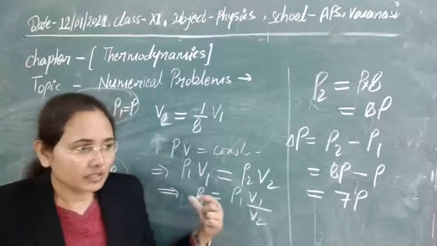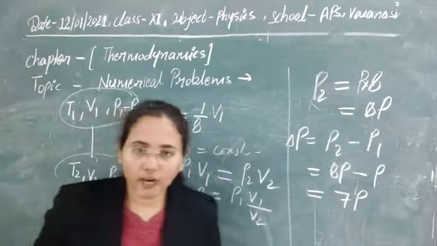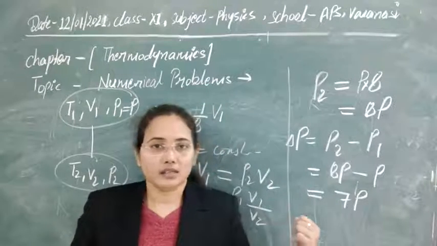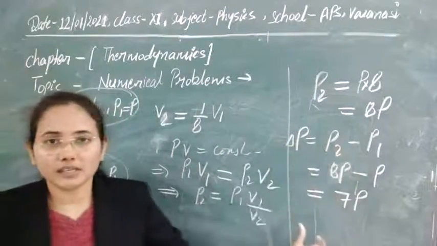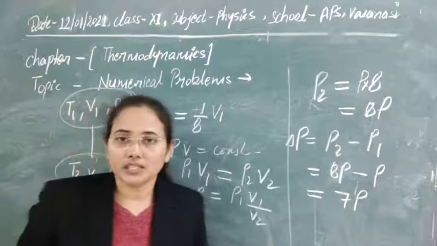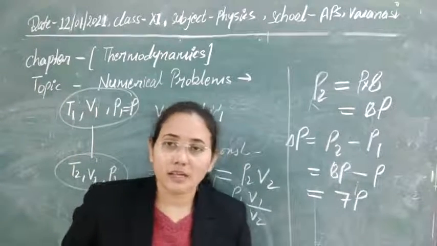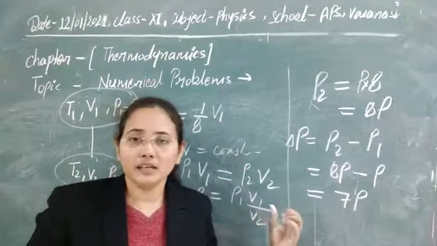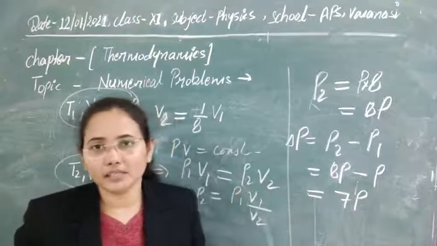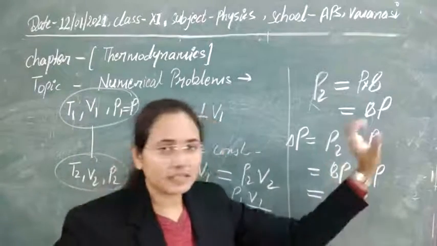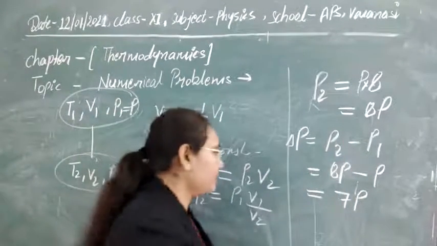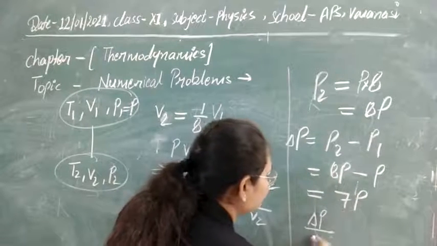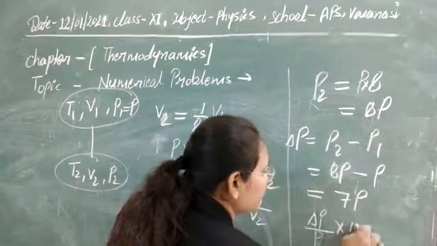It means that the change in pressure is 7 times the original pressure. You can say that the final pressure is increased by 7 times the original pressure. And one more question can be asked from here: calculate the percent change in pressure, means by what percentage the pressure has changed. For percent change, as you know, we calculate change in pressure upon original pressure into 100.